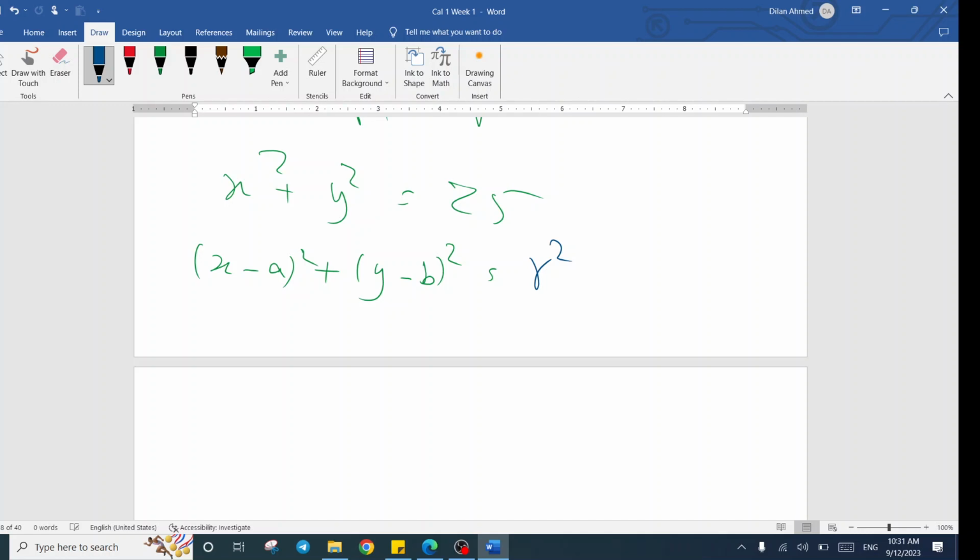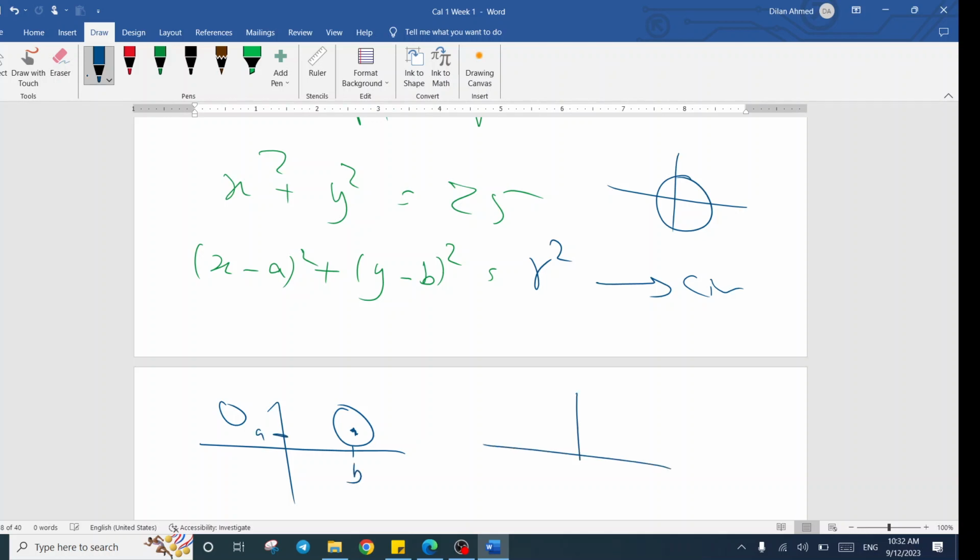So it's called the standard circle. That one is for the origin. But that one maybe is here, there, right? So this is A and B. The circle shouldn't be every time at the origin, right? Maybe in the other part.